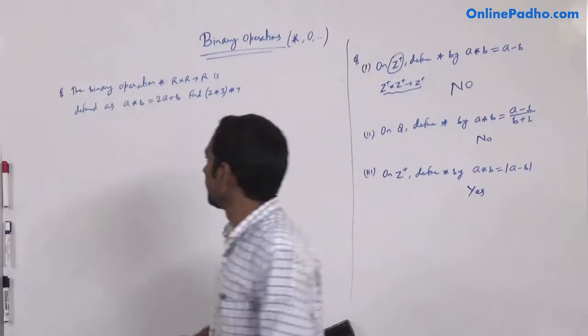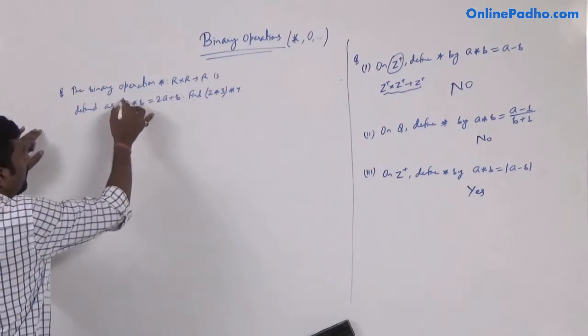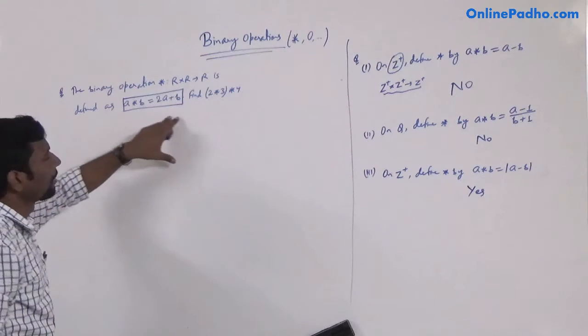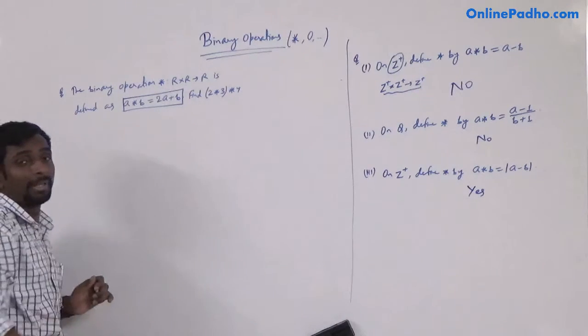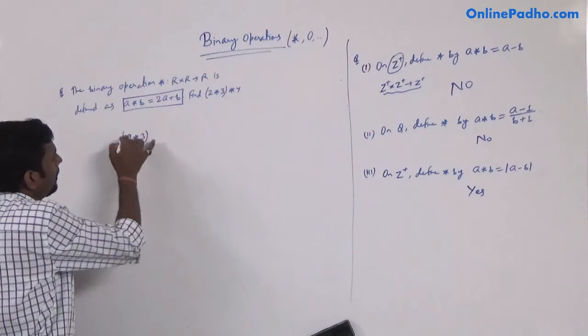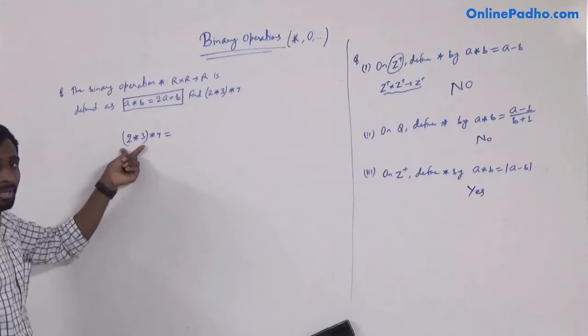So here we have to find 2 star 3 star 4. This is the definition of star in this question. In each and every question, the star has some different function, some different meaning, some different relation between A and B. So now we have to find 2 star 3 whole star 4. First we solve this bracket.